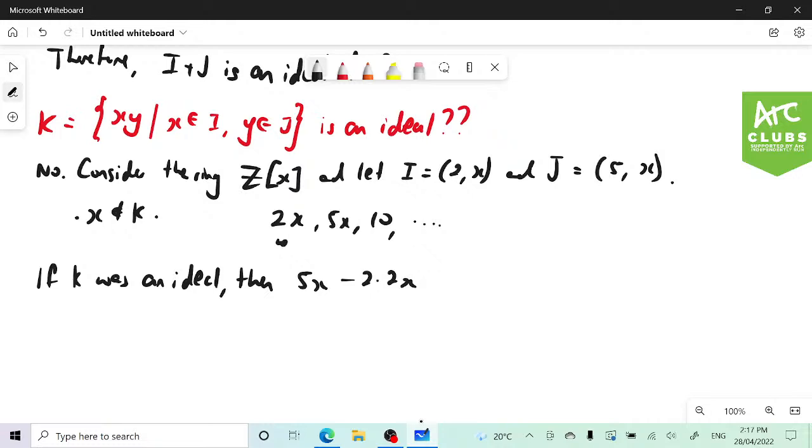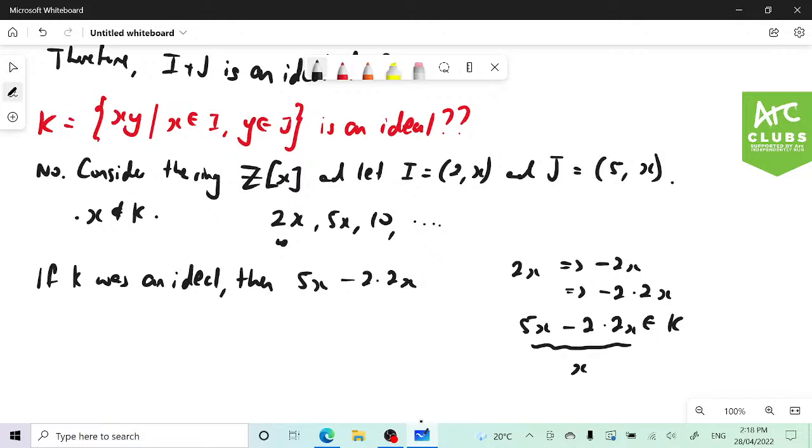So we can generate 2x, implying that we can generate things like minus 2x, which means we can generate something like minus 2 times 2x. And we know that we can already generate 5x. Because it's an abelian group under addition, this has to hold as well. And if you simplify this, you end up getting that x has to belong in K.